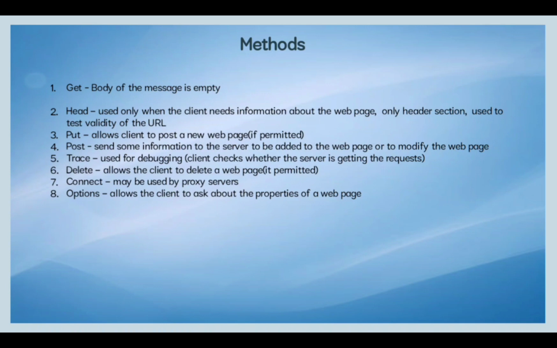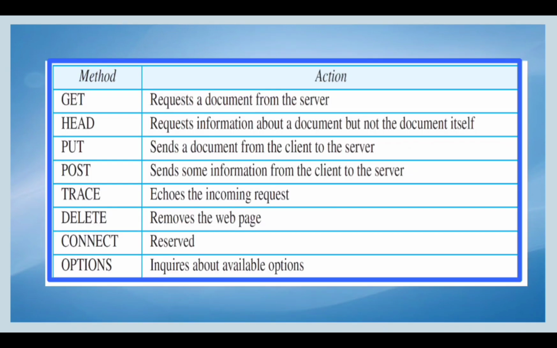TRACE: used for debugging; the client checks whether the server is getting the request. DELETE: allows the client to delete web pages if permitted. CONNECT: may be used with a proxy server. OPTIONS: allows the client to ask about the properties of the web page. Some methods.